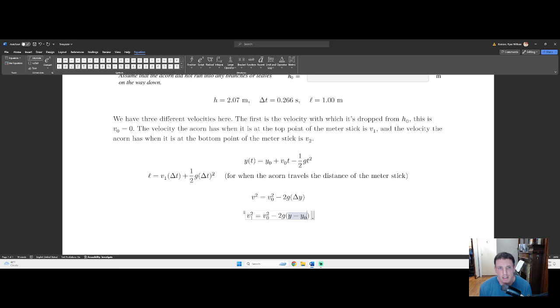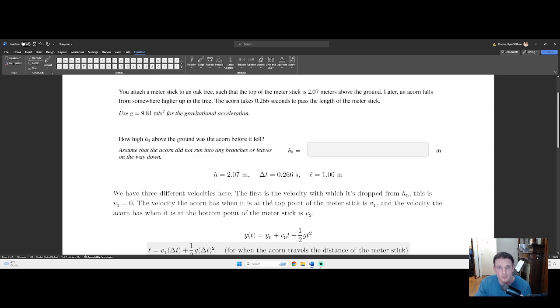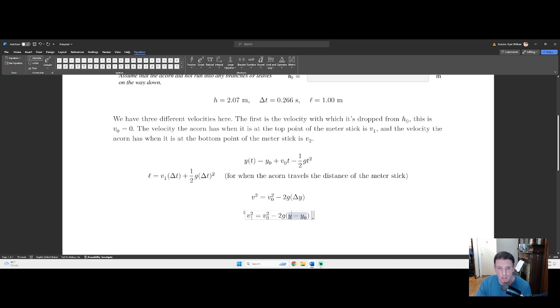The final here is going to be h. Let me just make sure this is correct. Yeah, the final here is h, right? Because this is 2.07 meters above the ground. Okay, the final is h, and the initial is h naught. So let's plug that in, right? So I'm going to write h minus h naught.